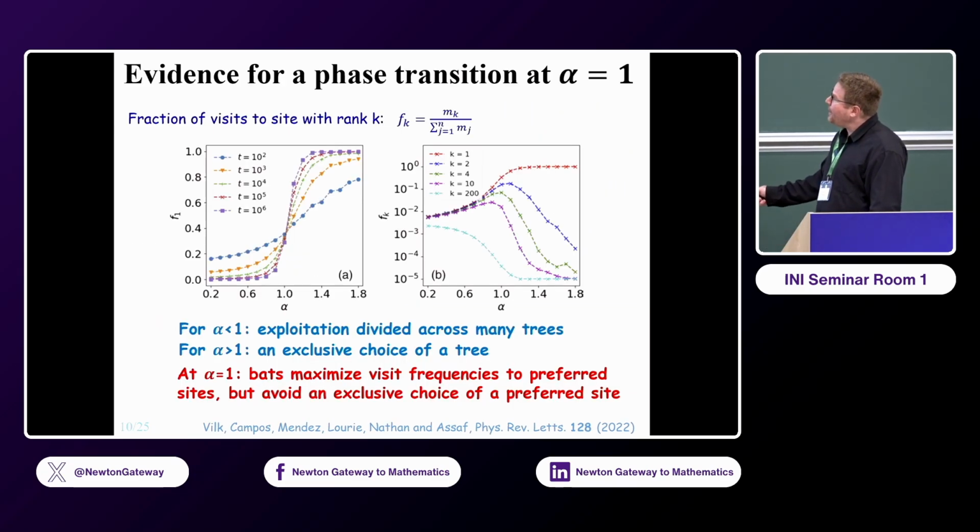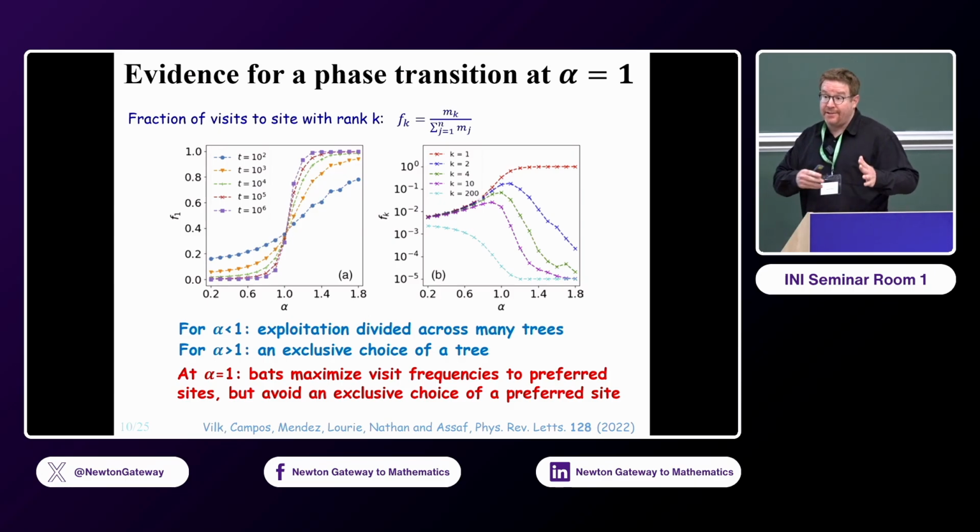This can be illustrated by looking at these plots and defining the fraction of visits to a site with rank k by m_k divided by the sum of all m_k's. Here you see several times and the fraction of visits to the first most visited tree as a function of alpha. You see that as time proceeds, you see a very sharp first order phase transition, from when alpha is small, then this fraction is on the order of 1 over n.